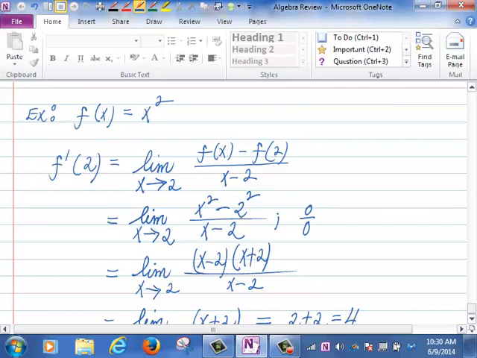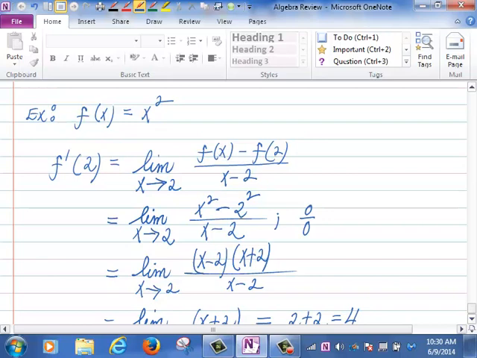Now what I want to do though is apply the equivalent limit definition of the derivative and see if I get the same answer. Well, in the definition I wrote a general a, right?